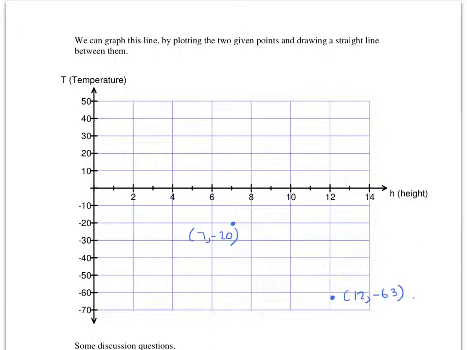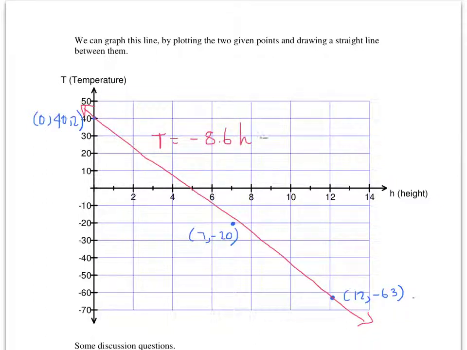And just so that I get this line in accurately, there was a third point, if you remember. We had the t-intercept at 40.2. So we have that point over there with coordinates 0, 40.2. Now I should be able to draw a nice straight line between all of those points. There it is. Isn't that beautiful? And that's the straight line T equals negative 8.6 times h plus 40.2.